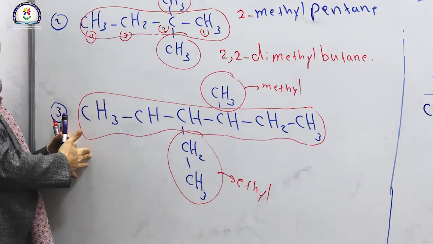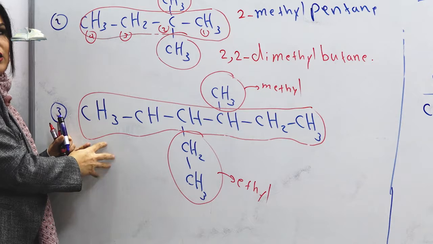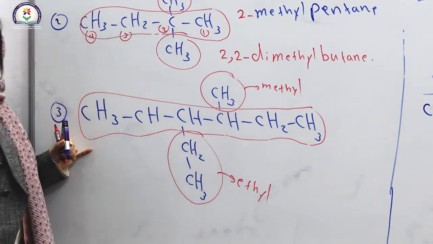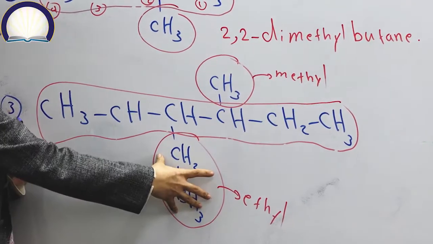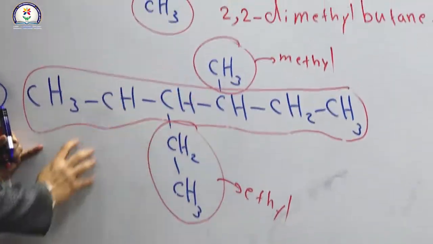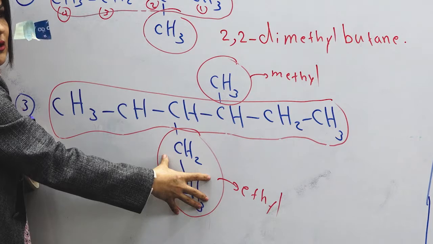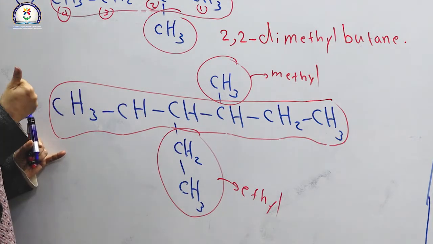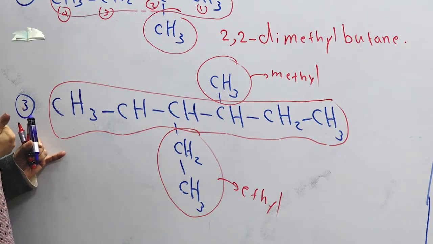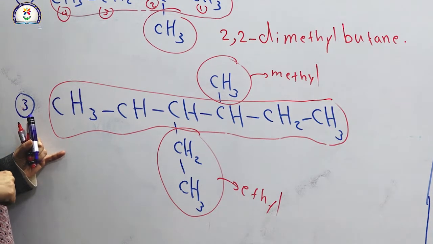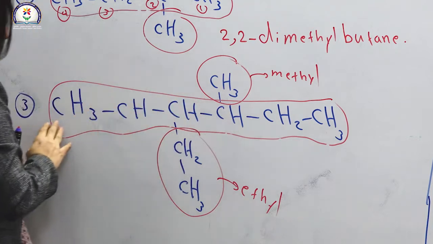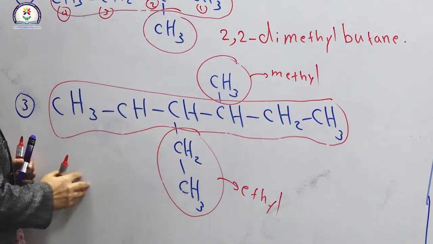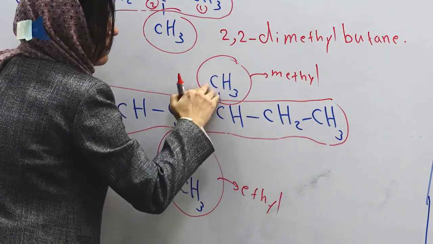Why? Because according to alphabetical order, you number the chain from the side closer to the ethyl, because ethyl, E, comes before methyl, M. That's why I'm going to start from this side, because we have ethyl. We cannot start from this side because we have methyl.